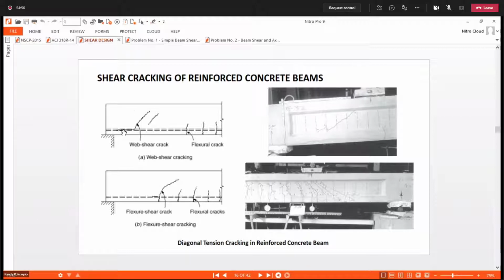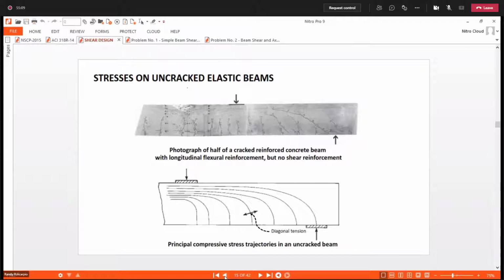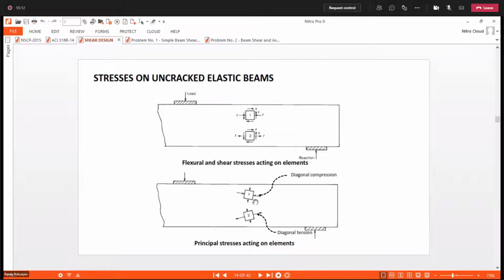Pag web naman, web and shear, yung crack mag-occur lang sa web. Doon nag-start yung crack sa web. And it is diagonal, kaya kino-consider yung shear. Okay? So remember, the crack is due to shear because yung pinanggalingan nitong mga principal stress natin, we derive it considering the flexure and the shear stress.